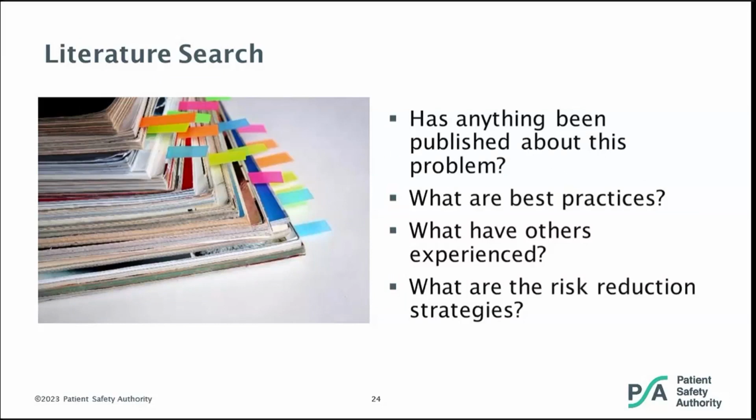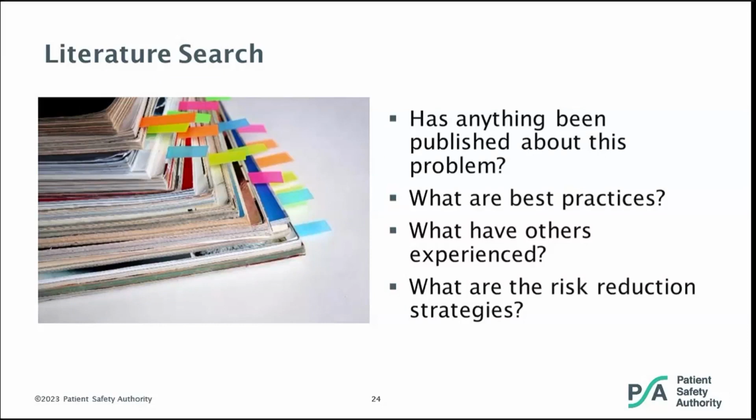When performing a literature search, you'll first need to determine if anything has been published on the issue. Sometimes you may find a lot of information, and sometimes there may be little or limited information. Have there been best practices established surrounding the concern? What have others experienced in this situation? And what did they implement to prevent the event from occurring again?